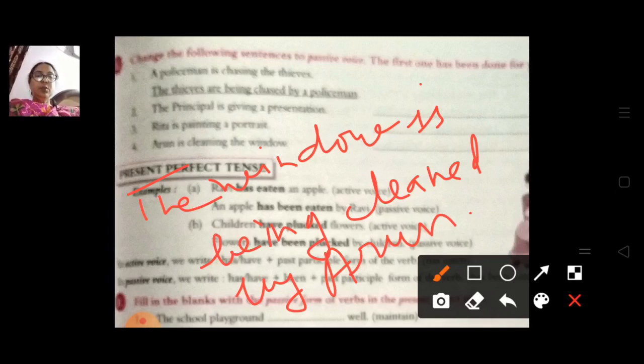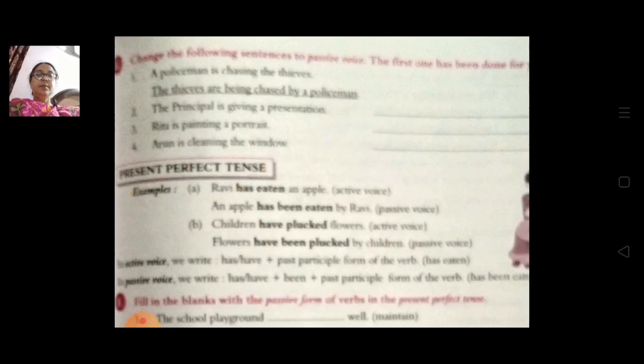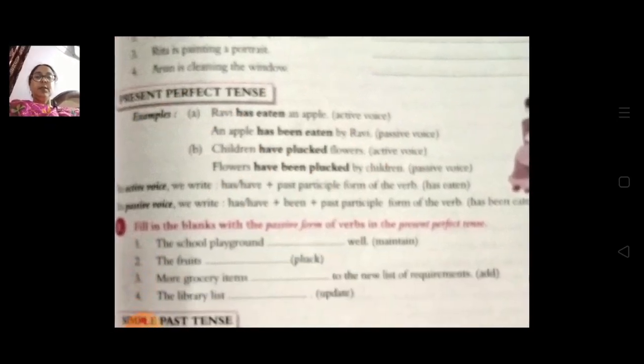Now we are going to do the next exercise. This is exercise number F. Fill in the blanks with the passive form of the verb in the present perfect tense. We are going to write in present perfect tense, as you all know, have been, has been, and the past participle we are supposed to use in the passive voice.